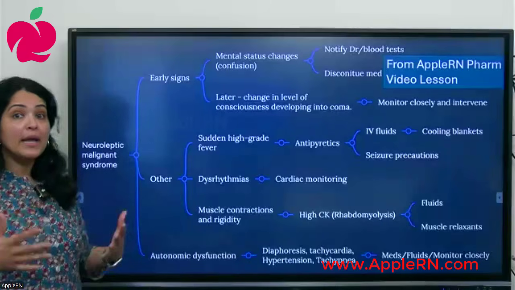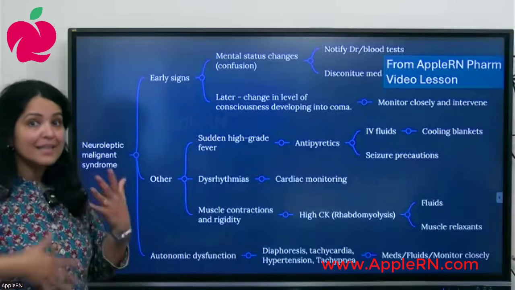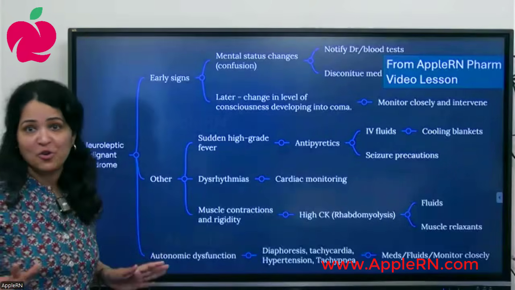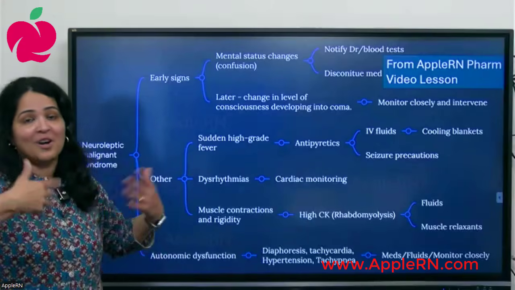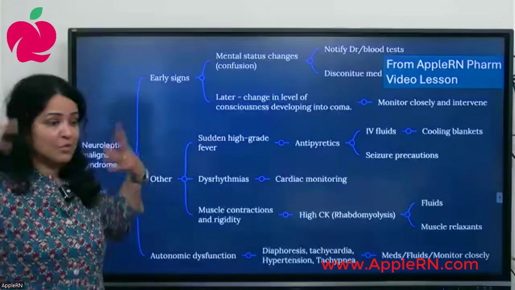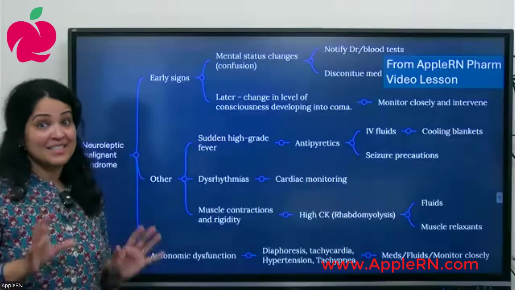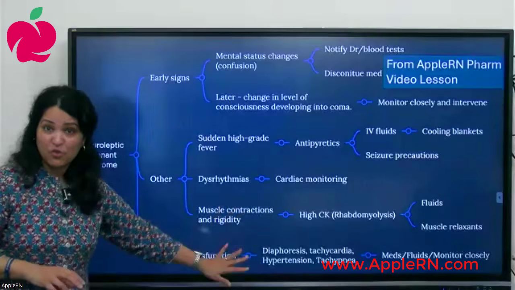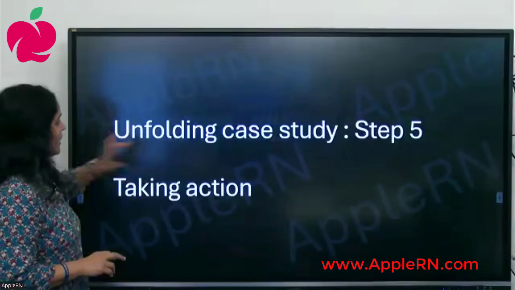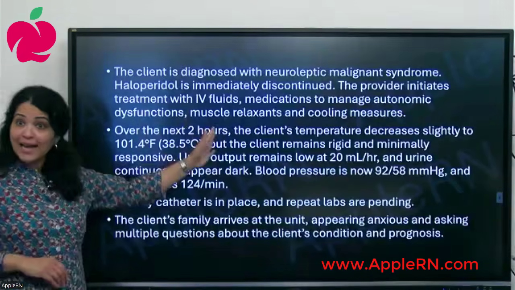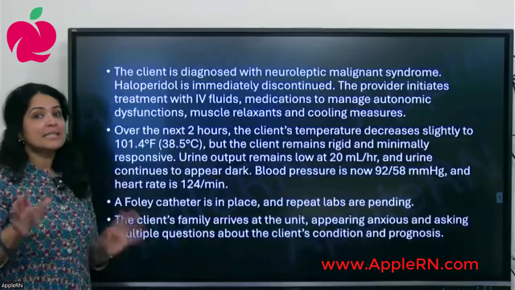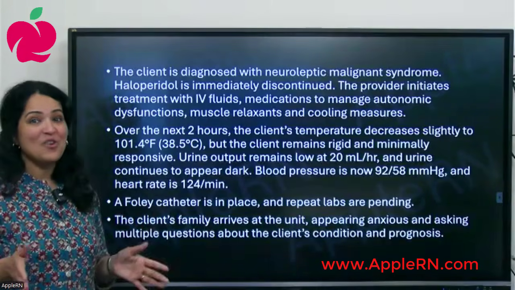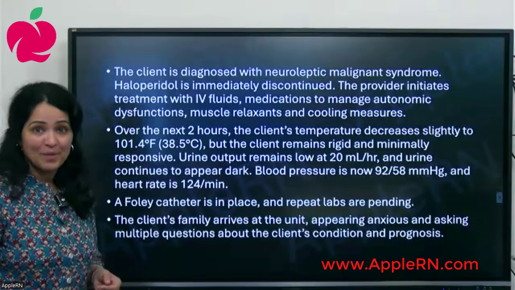The autonomic nervous system is the things which we don't have control over, in our heart or our breathing and our sweating and all those things. So the doctor ordered some medications to take care of all that. All right, what else do we know? Muscle relaxant, cooling measures. So it seems like they are doing all the right things for this neuroleptic malignant syndrome.